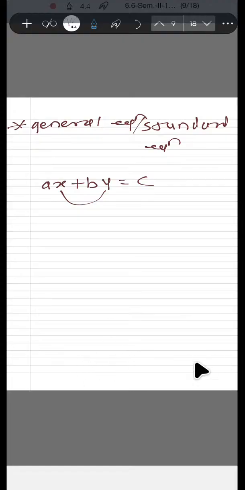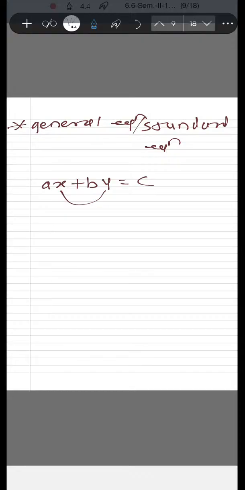a and b are nothing but the coefficients here. That is the general equation. Now we will solve a problem based on that.